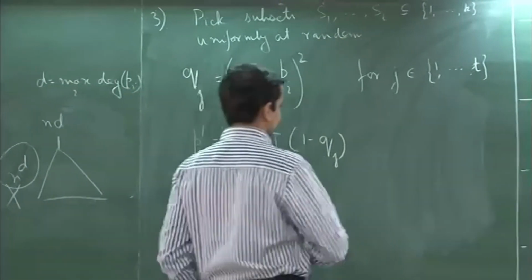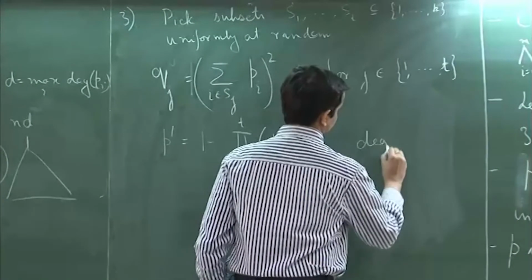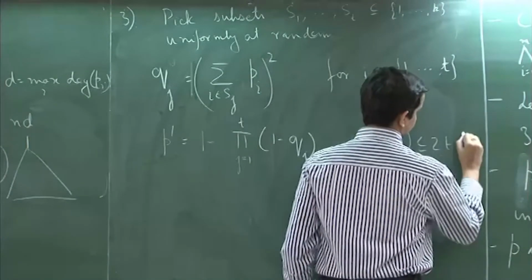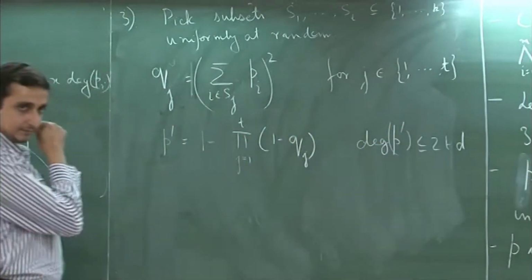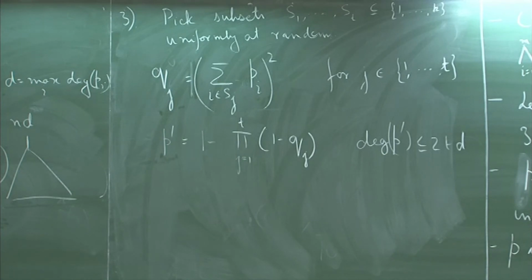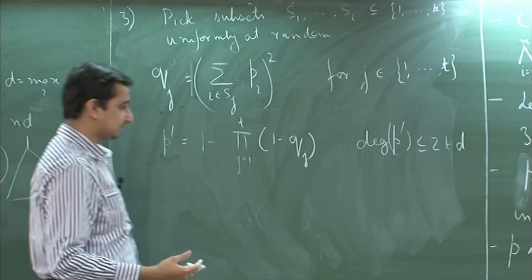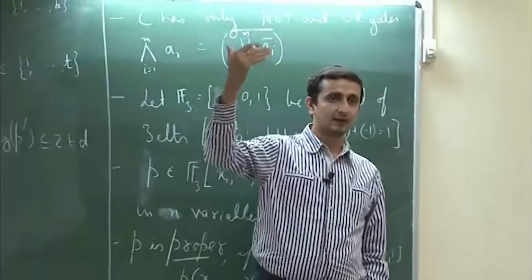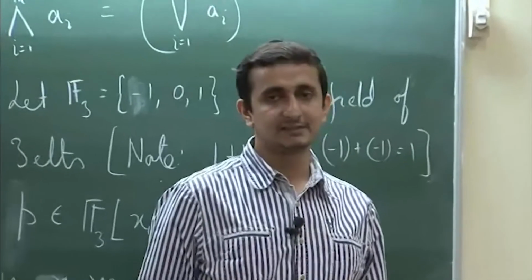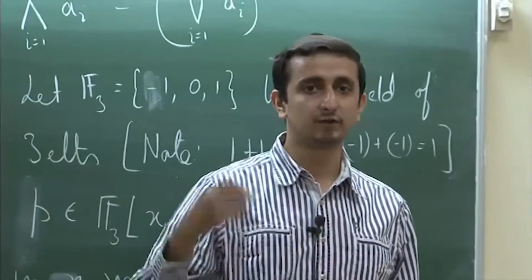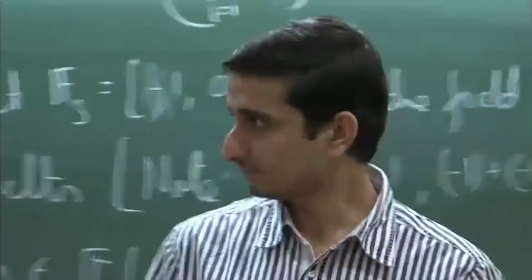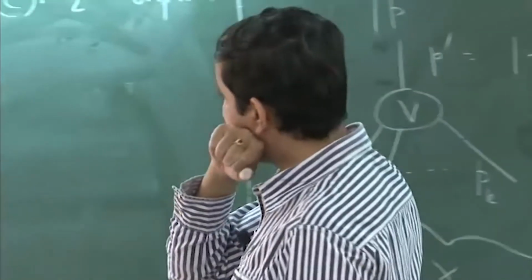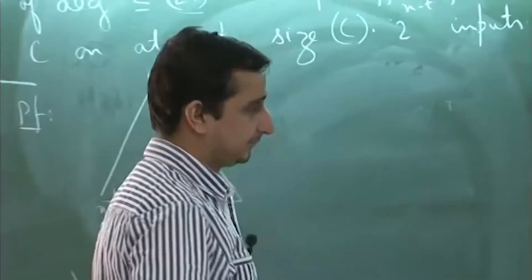So, the maximum degree of P prime is 2tD. Okay. So, now if you have a depth D circuit, we start off at the base layer with monomials, that is polynomials of degree 1. So, by the time we go to depth D, the polynomial's degree will not be more than 2t to the power d. Okay. So, we will just stop here and we will complete the error analysis next time.